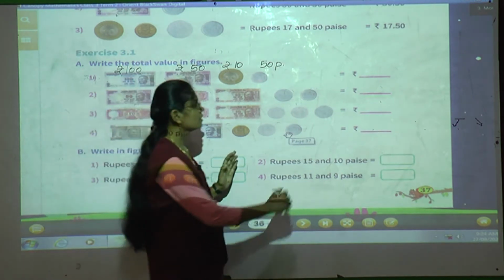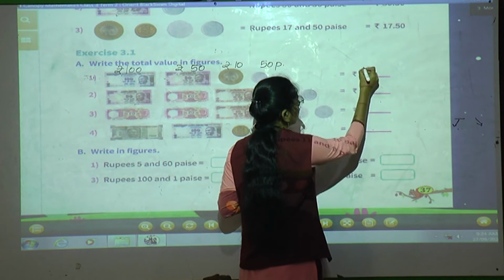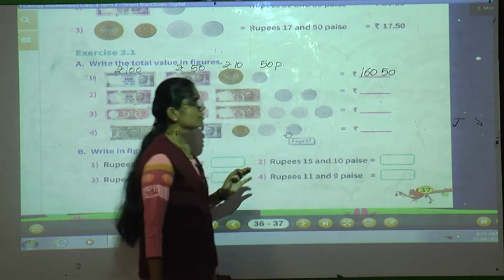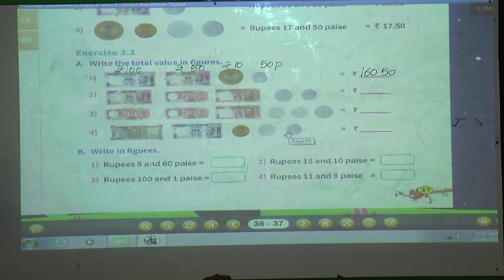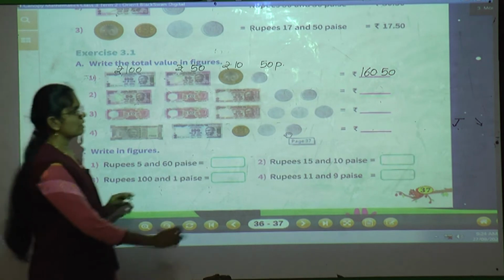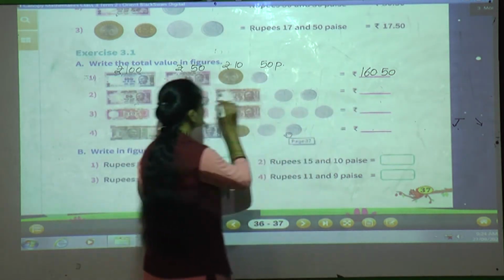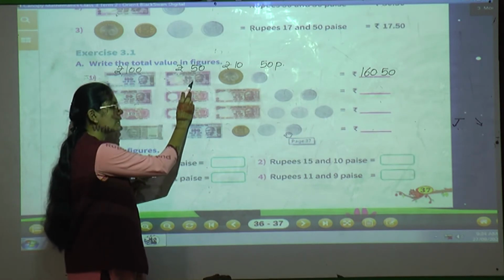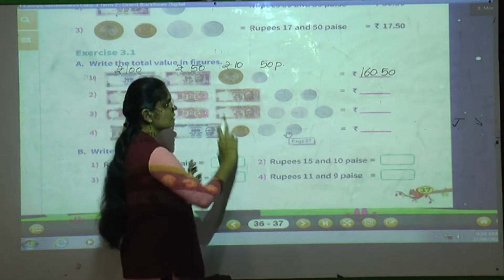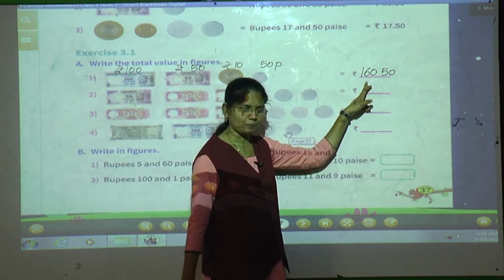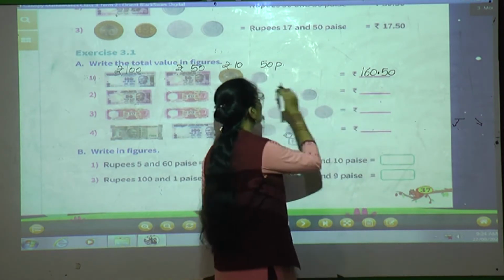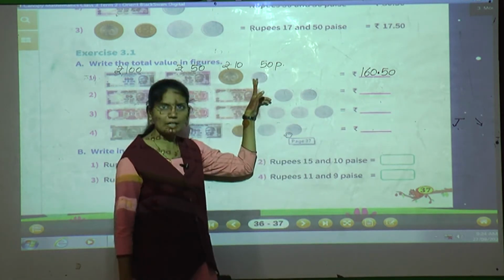So how will you write here in the figure? Rupees 160.50. Okay. See here, rupees 160. Here 160 rupees you can see. 100 plus 50 means 150 plus 10 means rupees 160. Okay. And here one more coin is there of 50 paise.